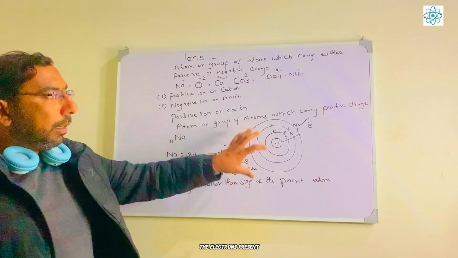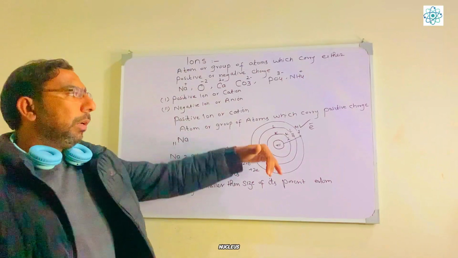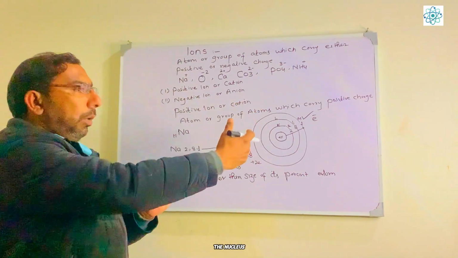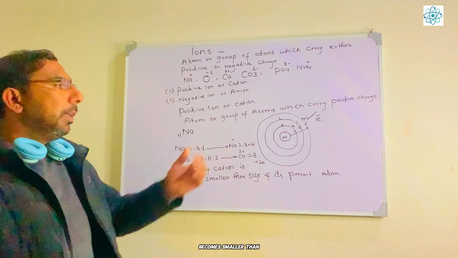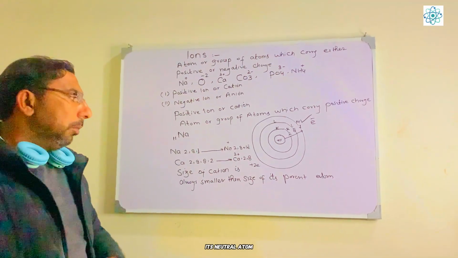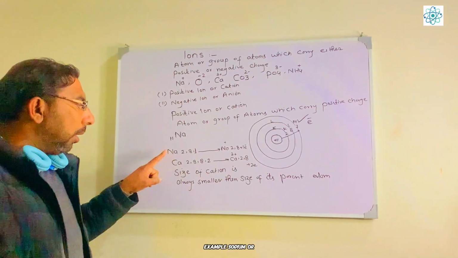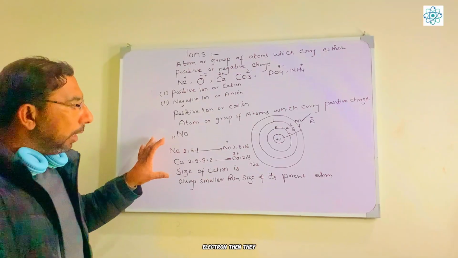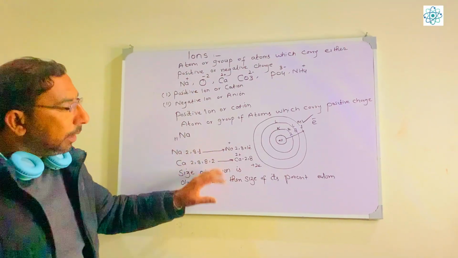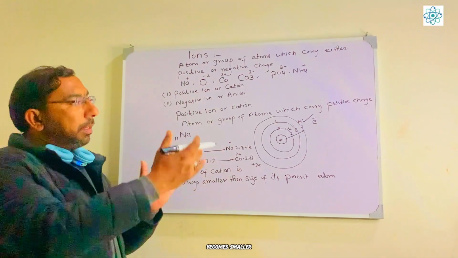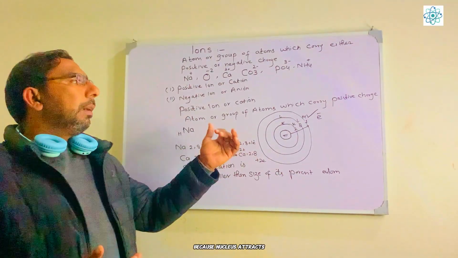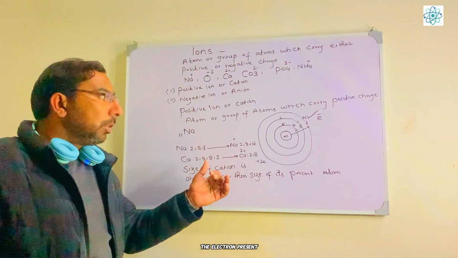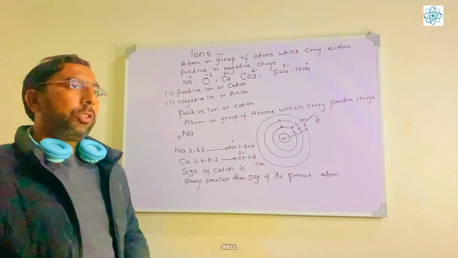That's why the electrons outside the nucleus come closer to the nucleus, and the size of the cation becomes smaller than the size of its neutral atom. Like sodium or calcium, when they lose electrons they form cations, and their sizes become smaller than their parent atoms, because the nucleus attracts the electrons in the outermost shell more strongly.